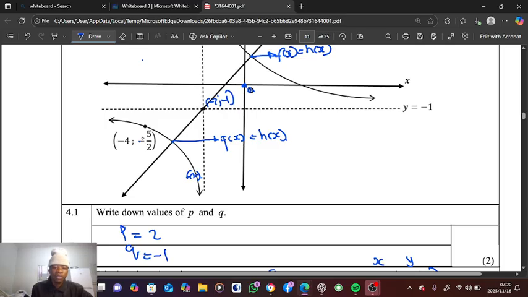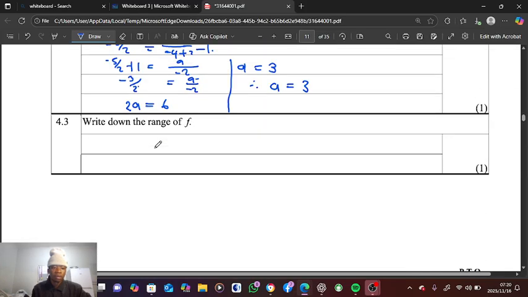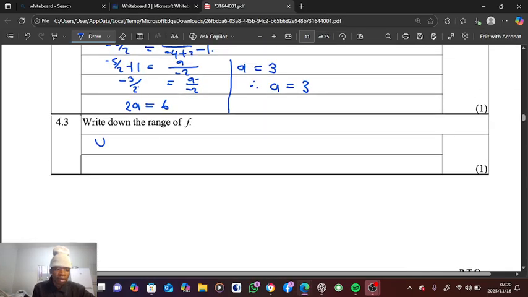But then we have an asymptote at negative 1. So we are going to say y is an element of all real numbers, but y must not be equal to negative 1, since negative 1 is our asymptote. So y cannot be equal to negative 1.